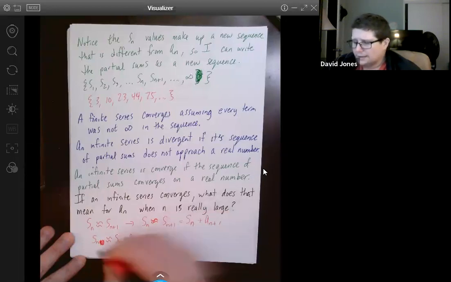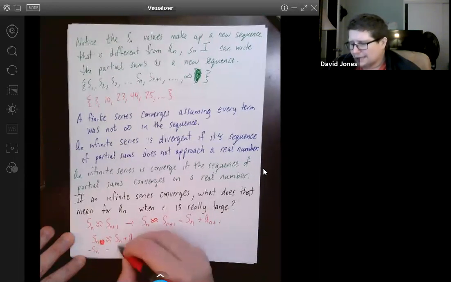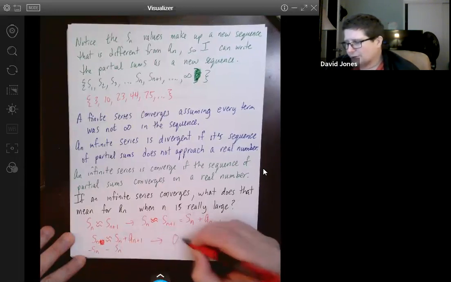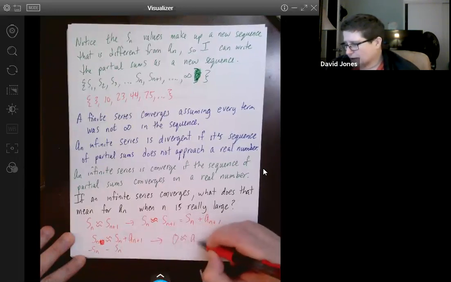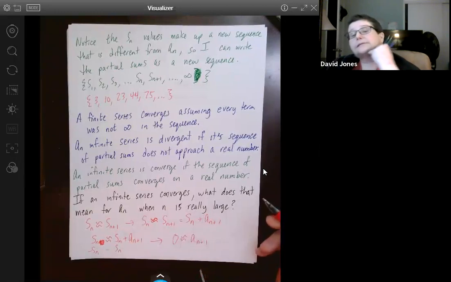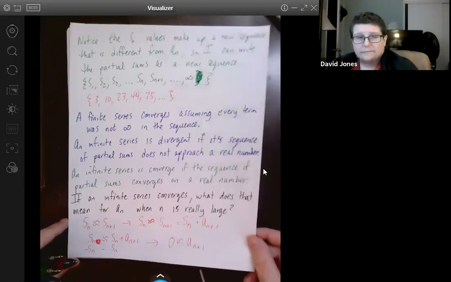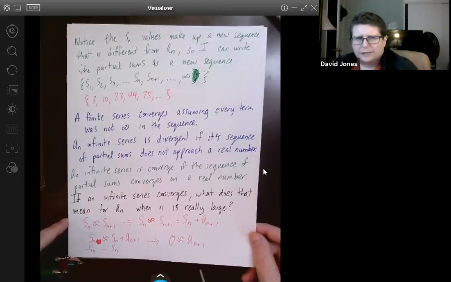Let's do a little bit of algebra. Let's subtract S sub n from both sides. And we're going to get 0 is approximately equal to a sub n plus 1. Pause that if you need it up longer.